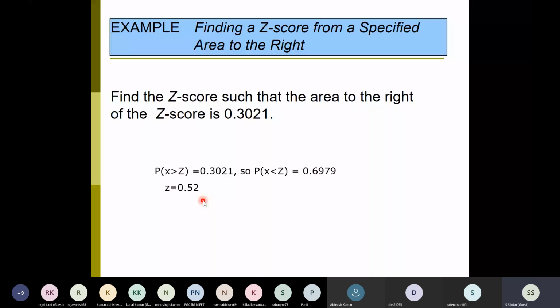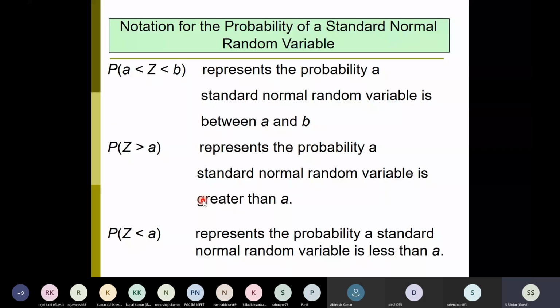How efficient you are depends on how well you are able to catch up with the problem. As I said, it's almost a summary. When the Z value is between A and B, it gives the probability of the standard normal variable.